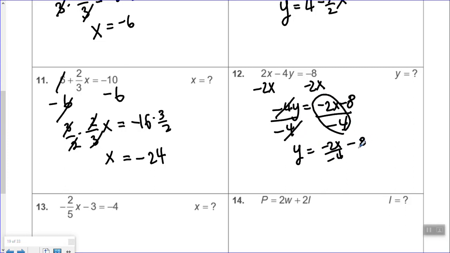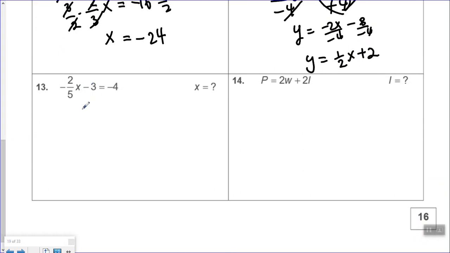And then minus 8 over -4, right? So -2 divided by -4 is positive 1/2 x. -8 divided by -4 is positive 2. So this is your final answer.